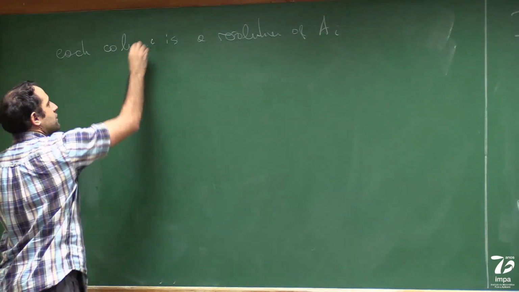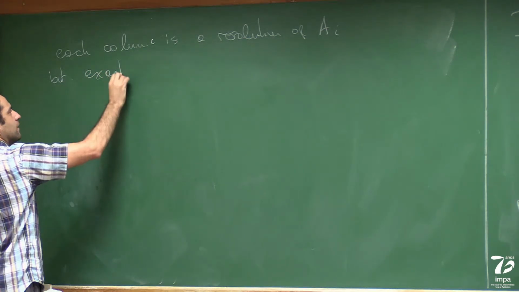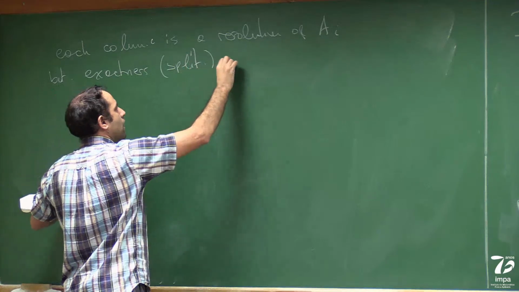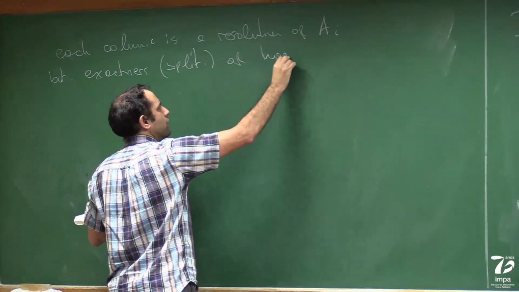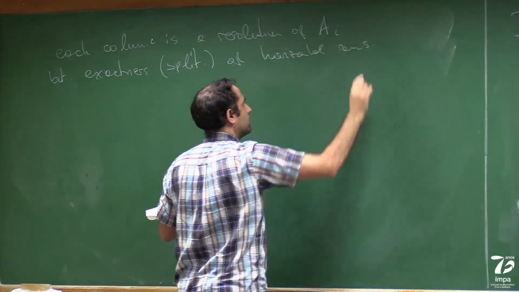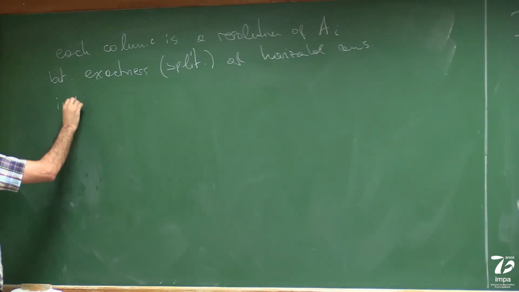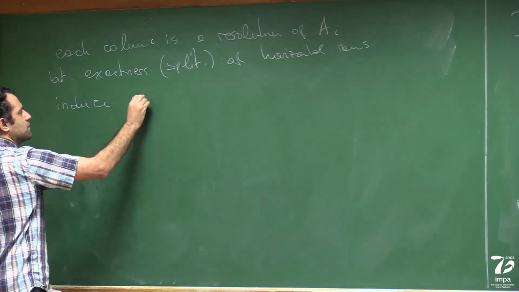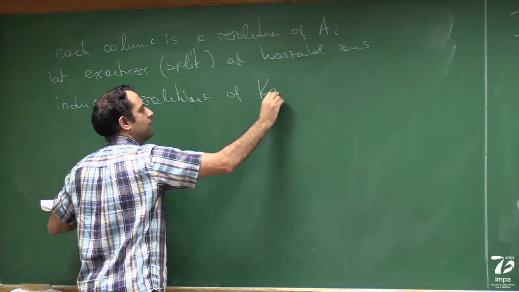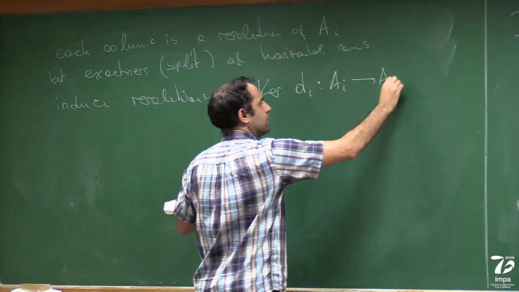Each column I is a resolution of A^I, but the exactness and split exactness of the horizontal rows say that the columns induce resolutions of the kernel of the differential from A^I to A^{I+1}, just by restricting.